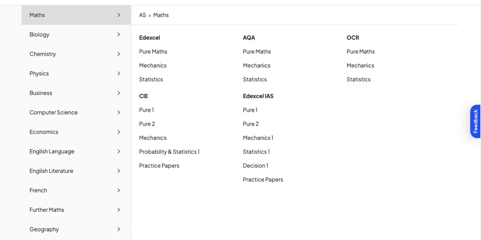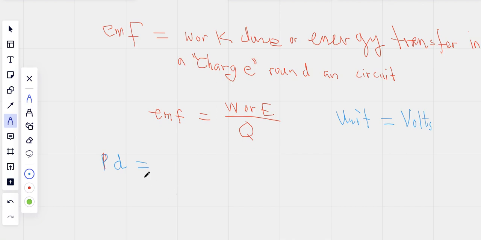Okay, what is PD? A PD is the work done by a charge when it's moving across a component, a circuit component.